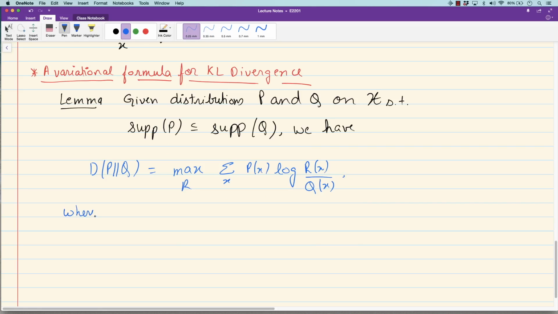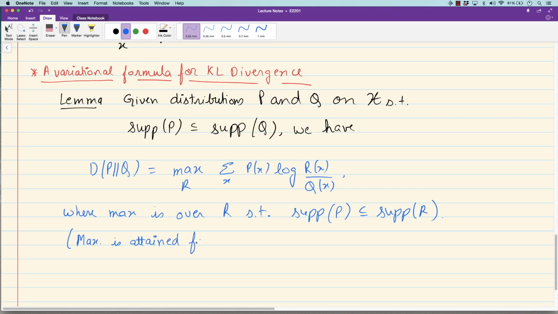Where this max is over all R, such that R is also a probability measure, and the support of R contains the support of P. And of course, if R equals P, then these two are exactly equal. So the max is attained for R equals P, the PMF R equals P.